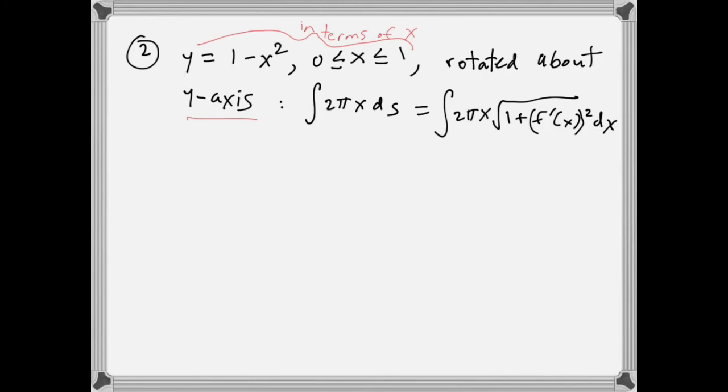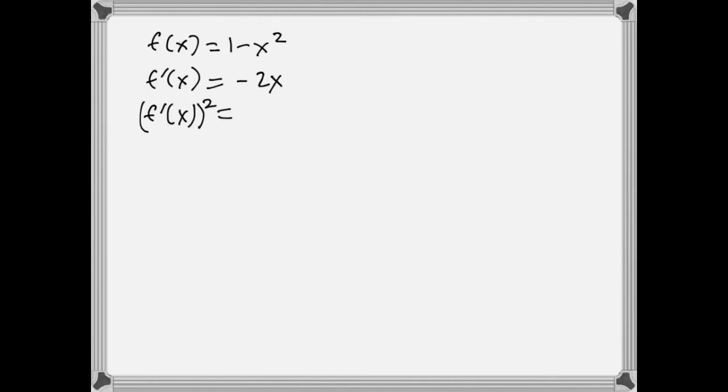So we're starting with our function f of x equals 1 minus x squared. Let's take the derivative. If we take the derivative of that function, we end up with negative 2x. Then we take the derivative squared. This is 4x squared.